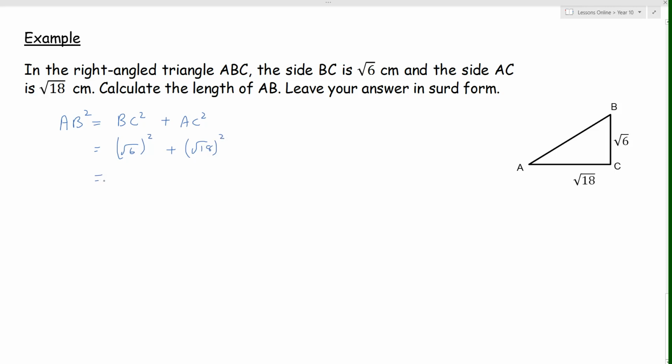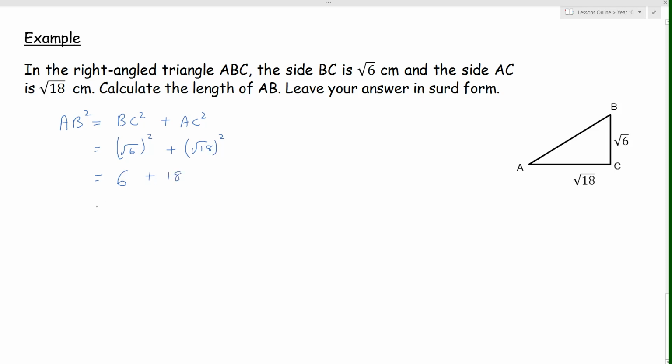Now the square root of 6 squared is root 6 times root 6, square root of 36, which is 6. So when we're multiplying surds with the same surd, then we get the same number. And likewise, square root of 18 times the square root of 18 is going to give us 18.